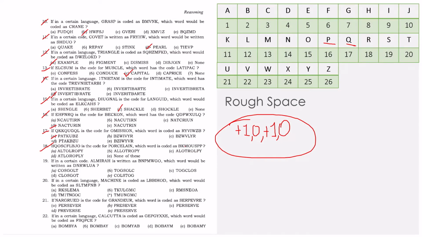You can check with the options itself however you want. So just follow this pattern -1 comma 0. So just the sign changes, I mean the direction changes. So B to A, -1 and 0. So A is over here, K is over here. Yeah, this is a star mark question. The printing mistake is done over here.